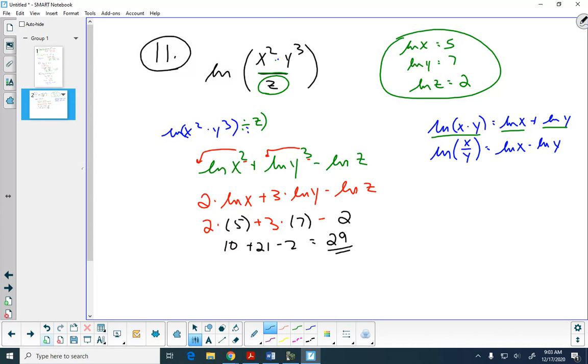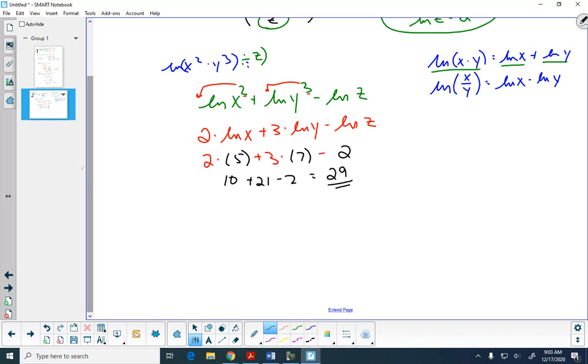If we look at problem number 12, we have the ln of the square root of x times y. Well, when I'm dealing with the square root, what can we do with an exponent?